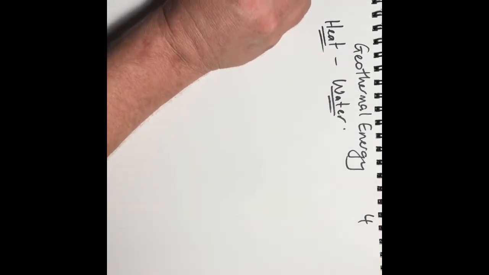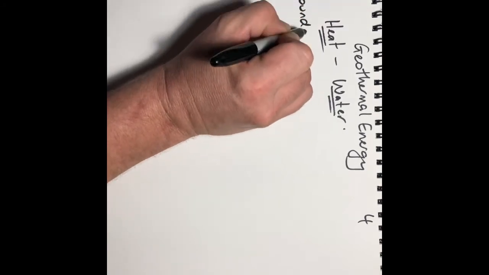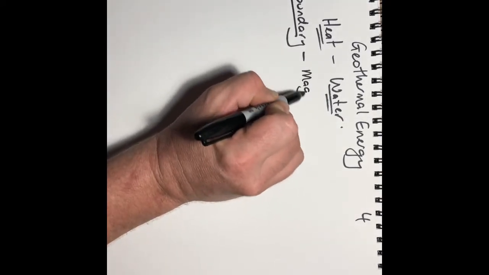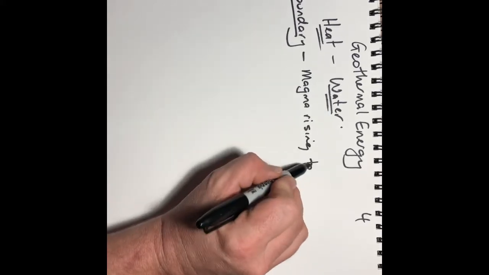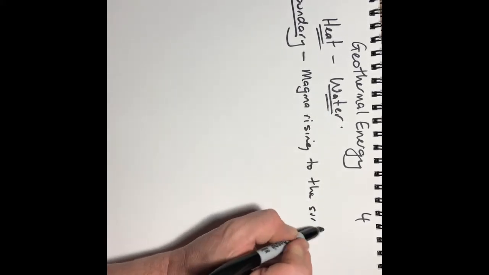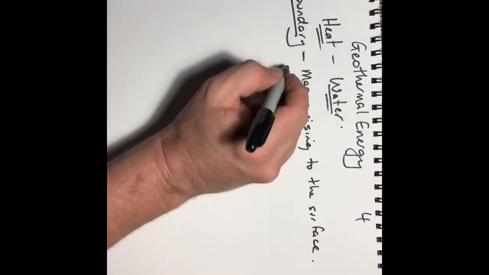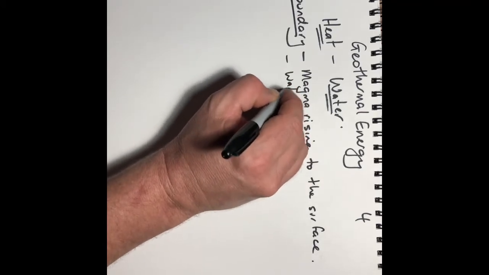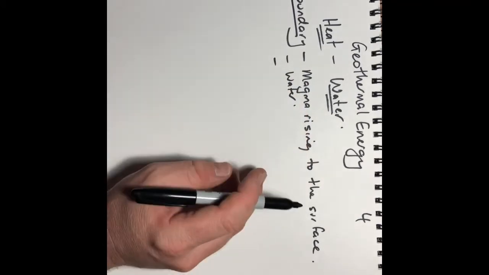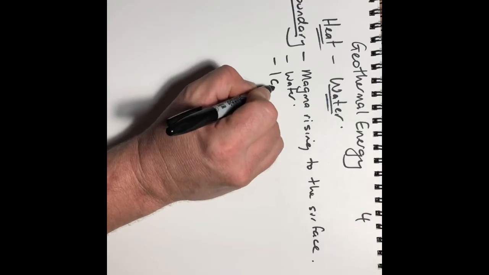So if we think about places like a divergent boundary, well, that's actually an ideal location. We've got magma rising to the surface, and often it's in areas where there's water. If we think about one location that is perfect, that is Iceland.